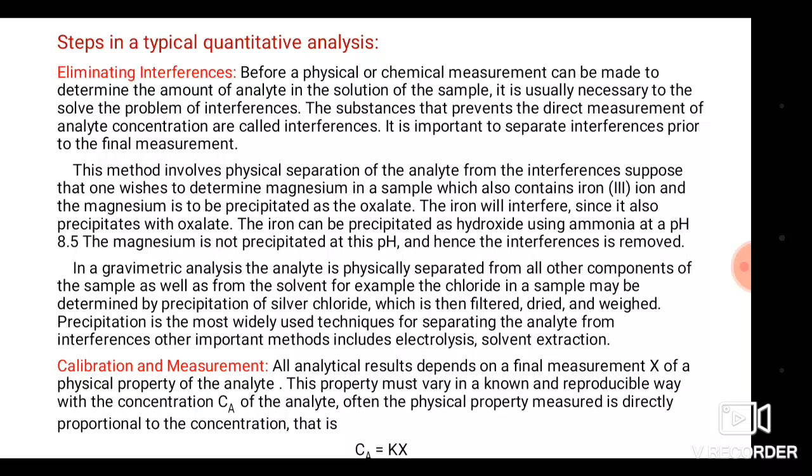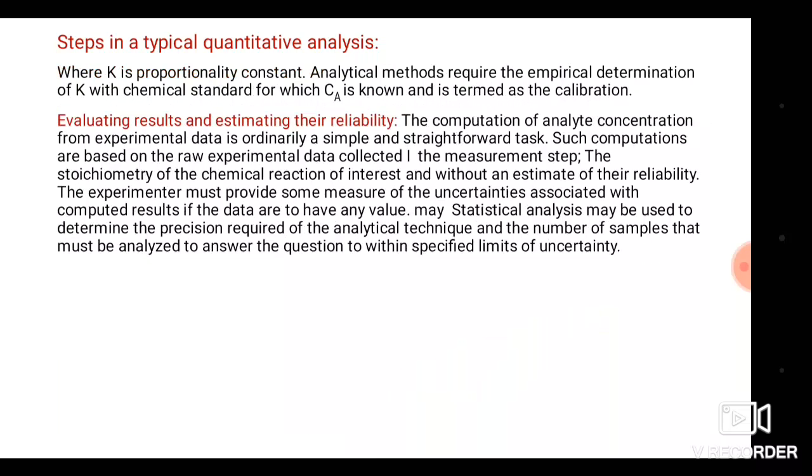Then calibration and measurement. All analytical results depend on the final measurement of some physical property X of the analyte. This property must vary in a known and reproducible way with the concentration Ca of the analyte. Often the physical property measured is directly proportional to the concentration, that is, Ca = Kx, where K is the proportionality constant.